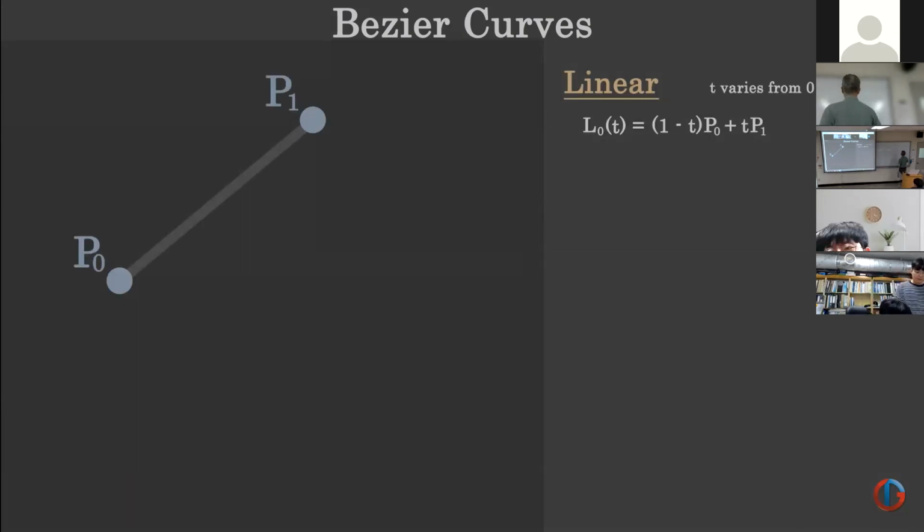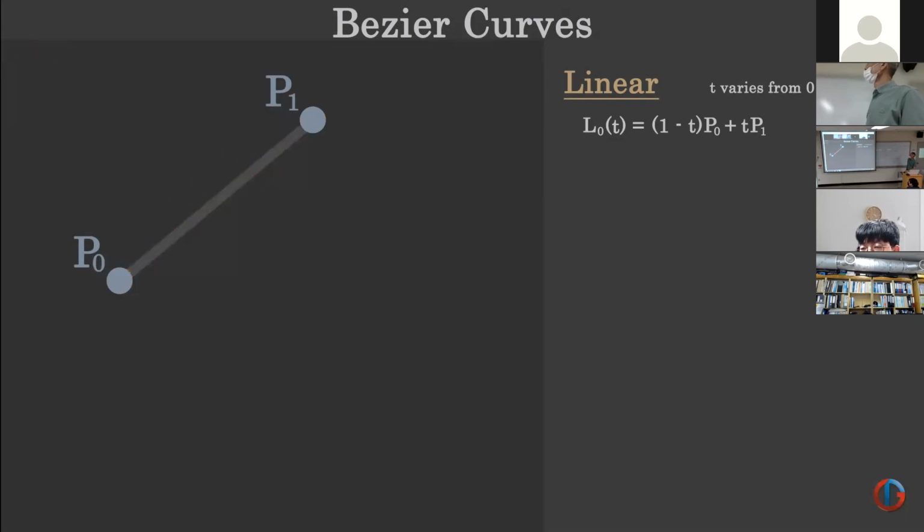This function simply means that the influence of each point depends on t. For t equal to 0, we will get P0. For t equal to 1, we will get P1. And for each value between 0 and 1, we will get a point along the line segment linking P0 and P1. Here is a visualization of how it works. Great, that was pretty simple. Now, what about drawing a curve?